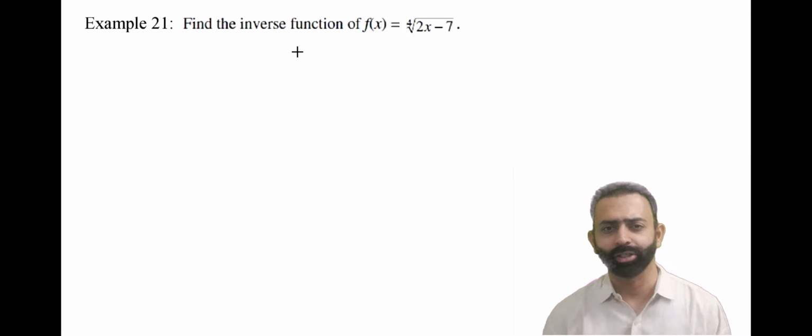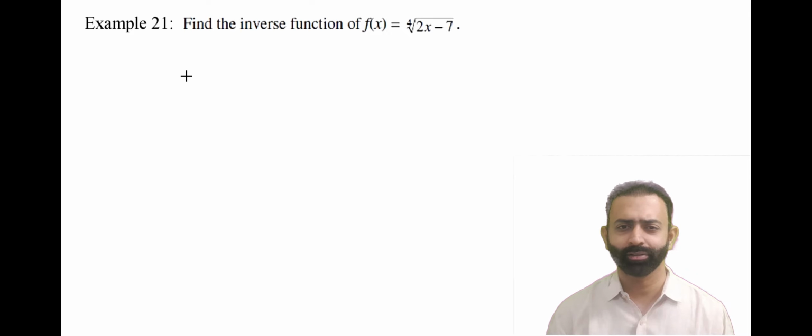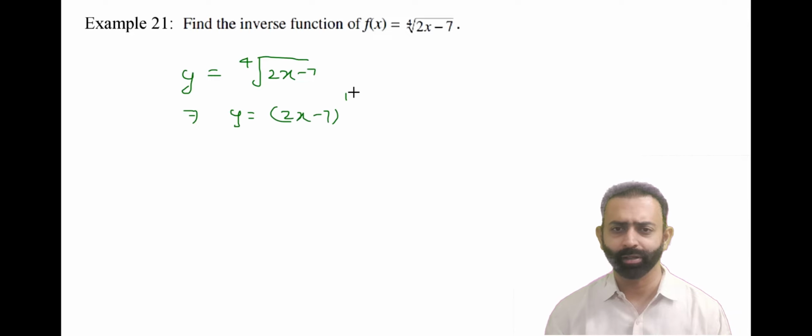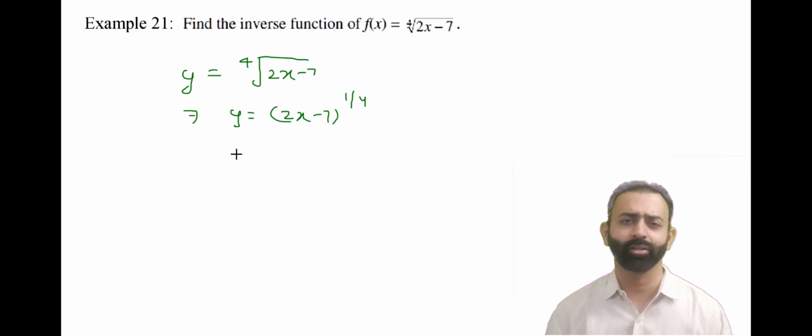Let us do one more question on finding the inverse. We have been given y is equal to the 4th root of 2x minus 7. How can we make x the subject? Just pause the video and try to do it on your own. So what we do is we raise it to the power 4. First writing this as raised to power 1 by 4, now I take the 4th power of the equation on both sides.